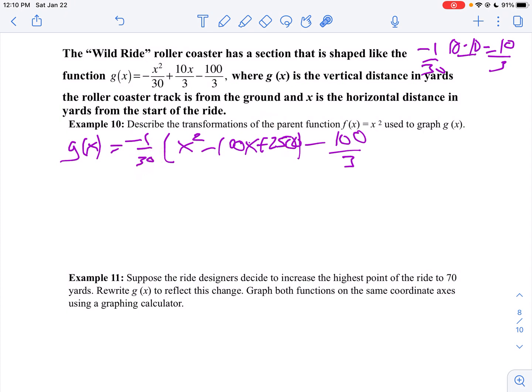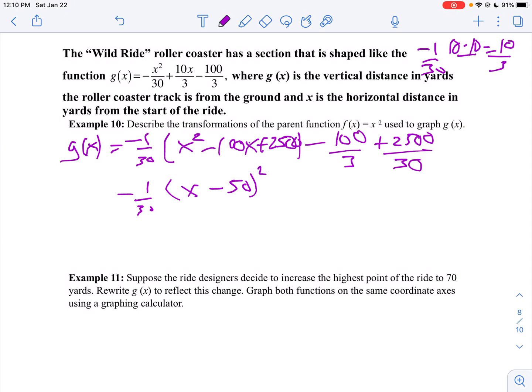So what I'm going to do is I'm going to go over here and say plus 2,500 over 30, because of my 30 there. Now, let's complete my square. So I'm going to get negative 1 over 30 times x minus 50 squared.